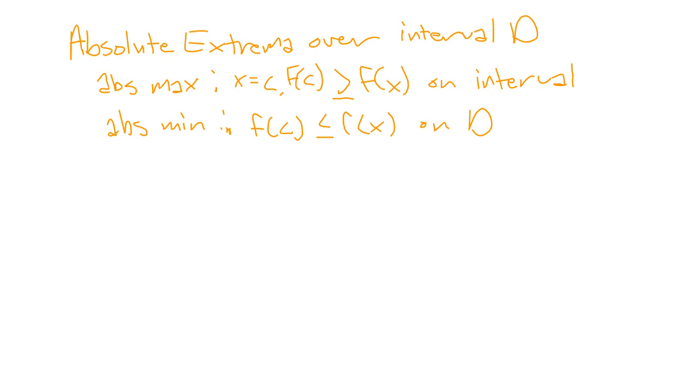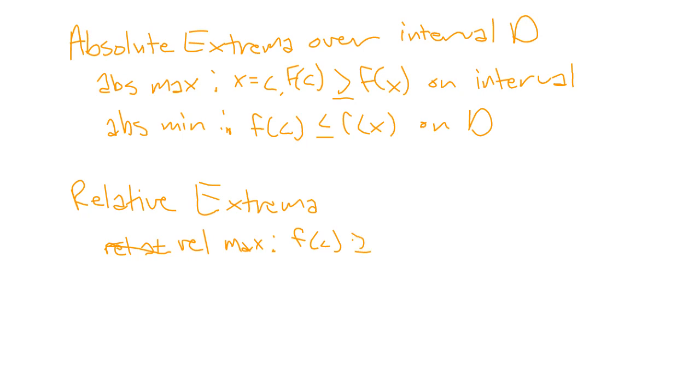Now, if we go ahead and look at our definitions for relative, we can say that we have a relative max whenever f of c is greater than or equal to f of x when x is close to c.